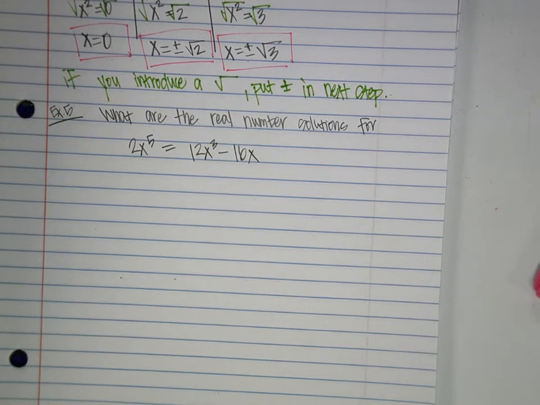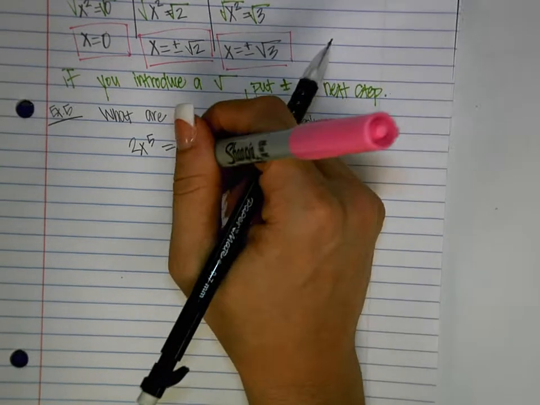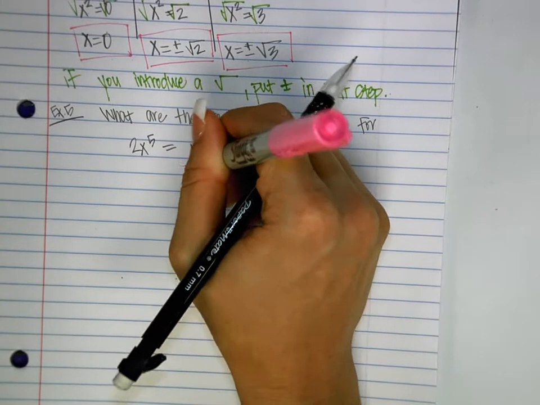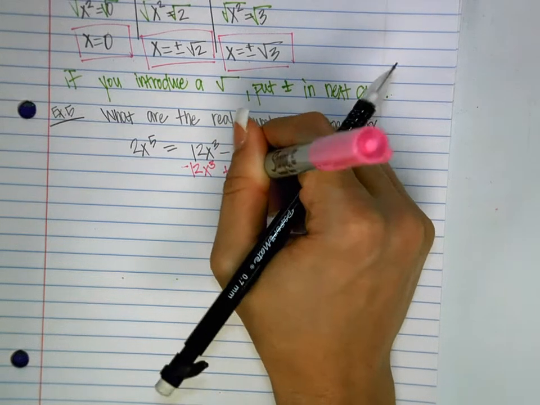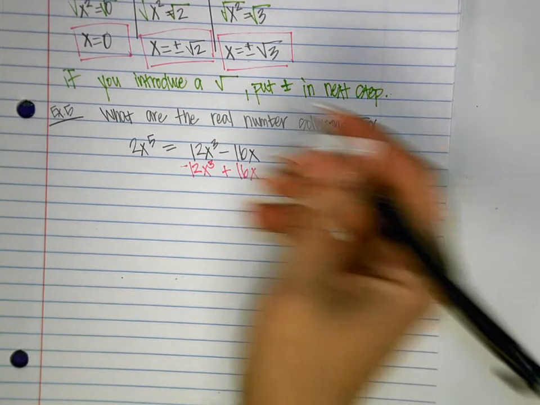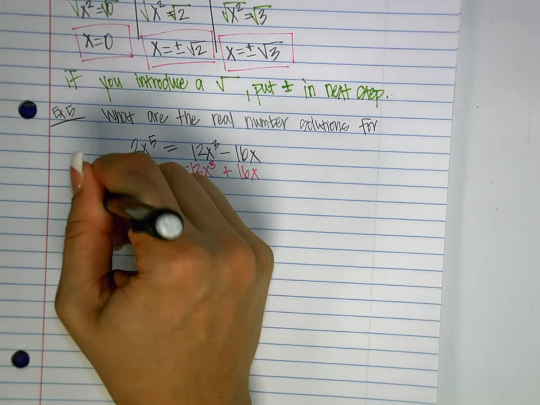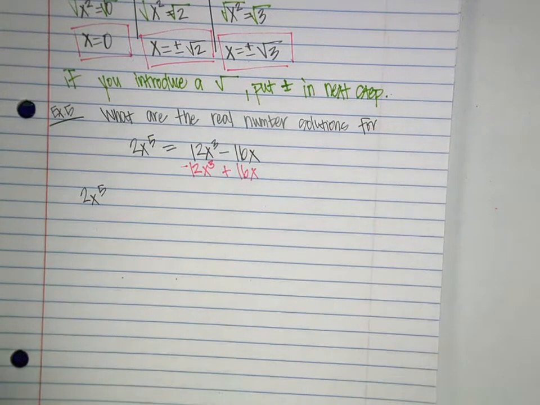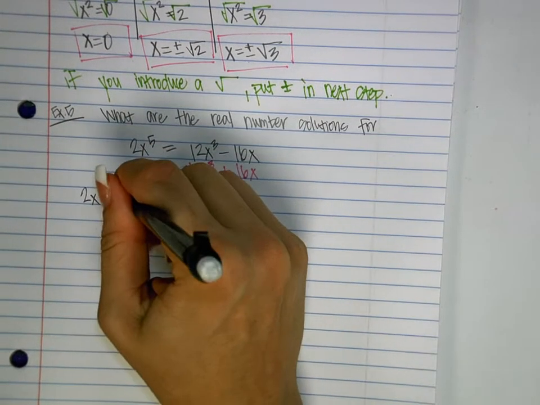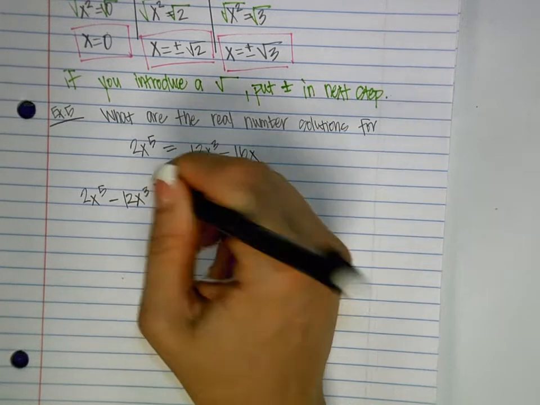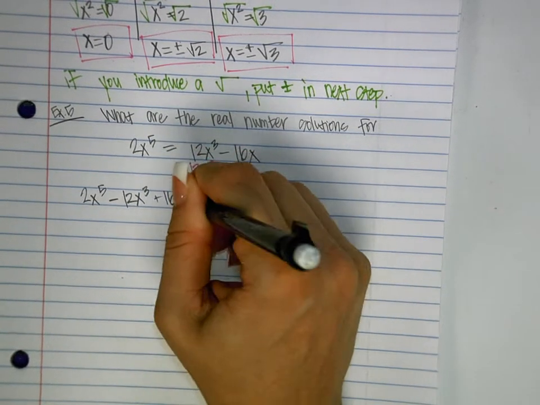Just like yesterday, before I can solve, what does my equation have to be equal to? 0. So I'm going to move these. Subtract your 12x cubed, add a 16x to both sides. If I do that, you want to write your answers in descending order. So 2x to the 5th, minus 12x cubed plus 16x equals 0.